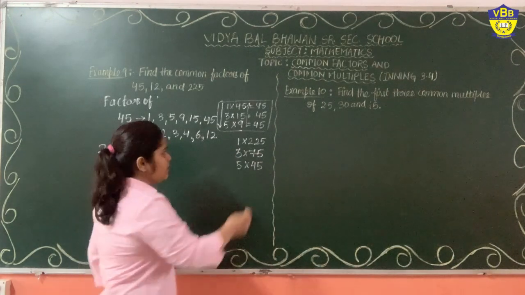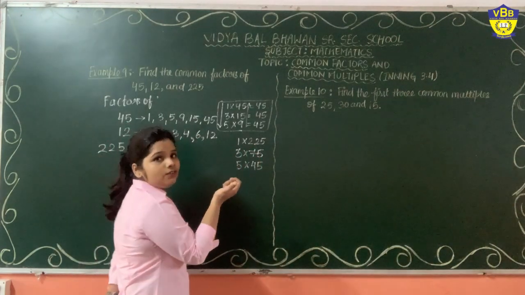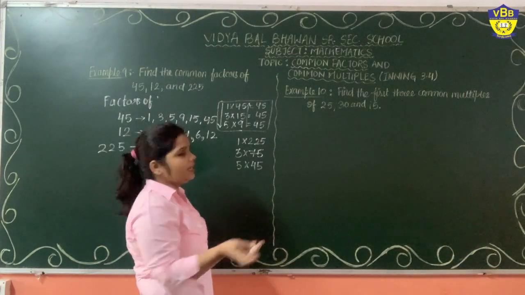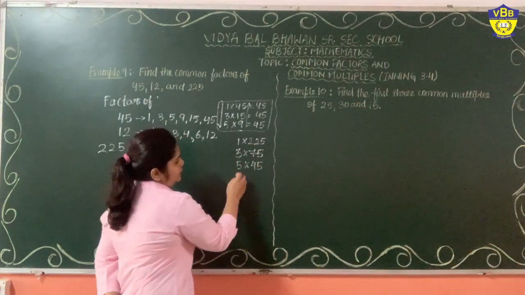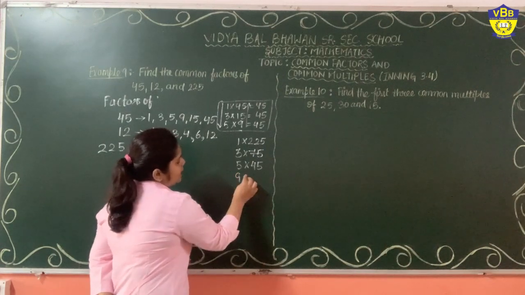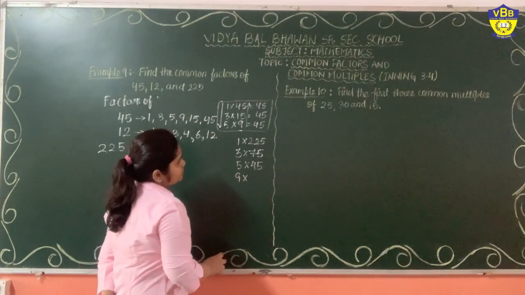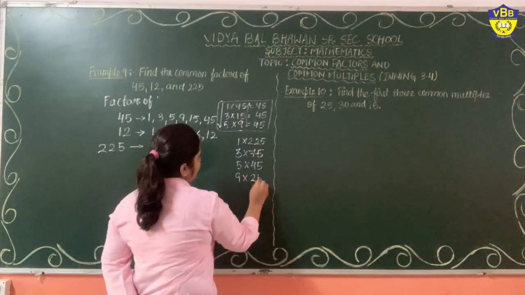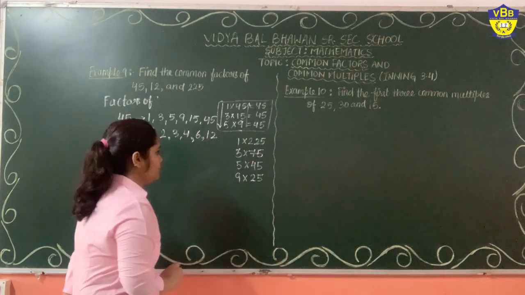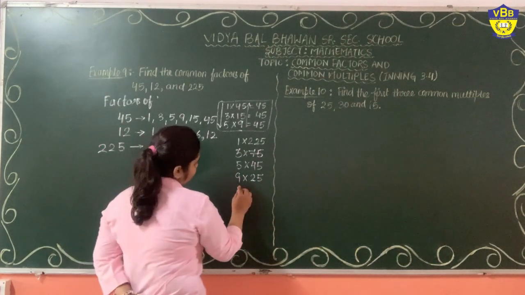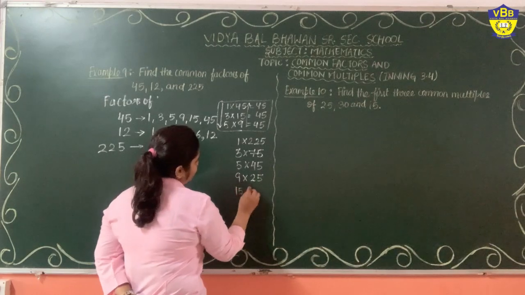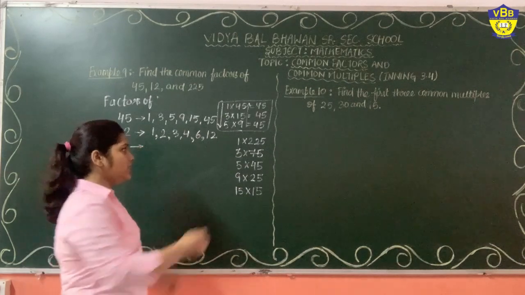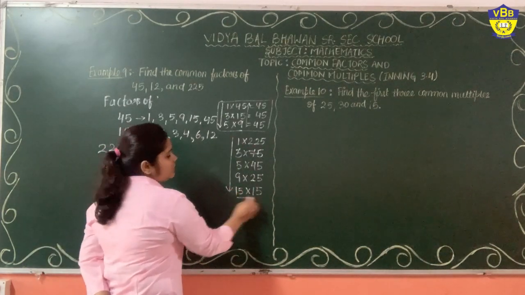9? Yes, because the divisibility test of 9 says that if the sum of all the digits is divisible by 9, the number will be divisible by 9, and the sum of the digits is 9. So 9, how many times? 9 twos are 18 and 9 fives are 45, so 25 times. After that, it comes in the table of 15, 15 times. Now we can see 15 is repeated.